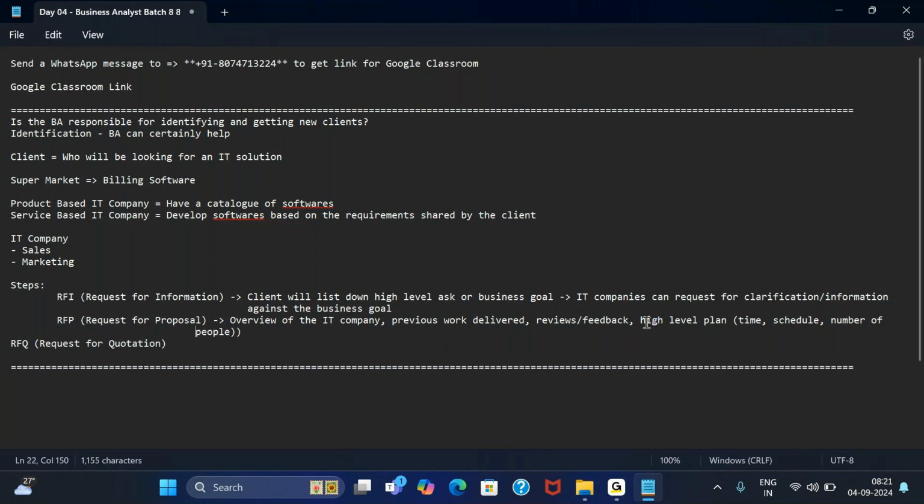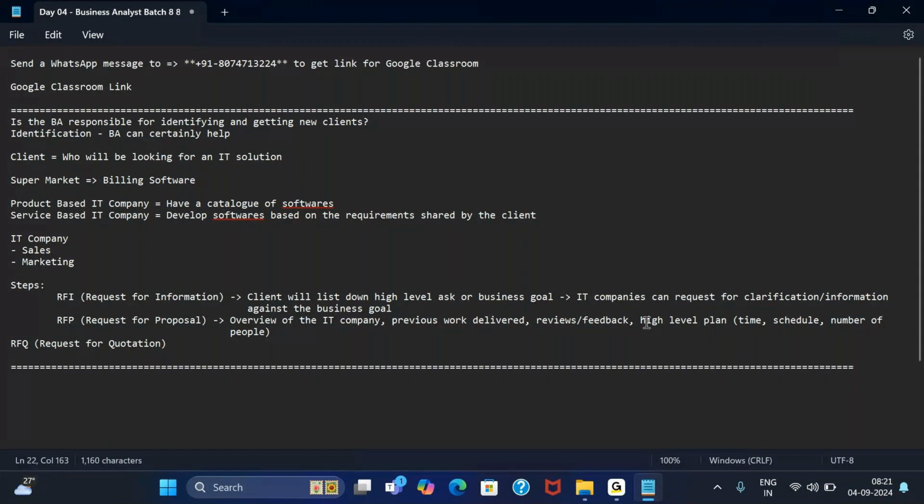They create a high level plan because the client must understand. Even when we go for buying a TV, fridge, washing machine, anything, even a phone, whether we shop online or approach a shop, one of the concerns we definitely ask is, when can I get the product? Can I get it today itself? Will I get it tomorrow? Day after tomorrow? How much time are you going to take?